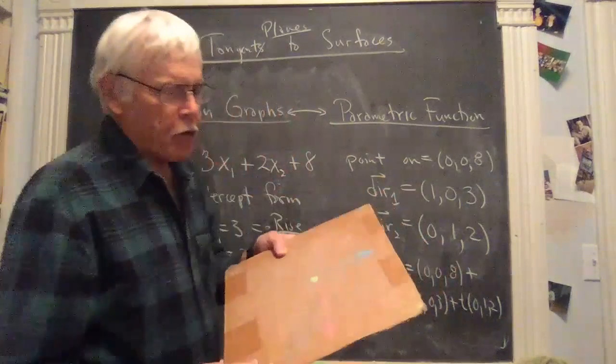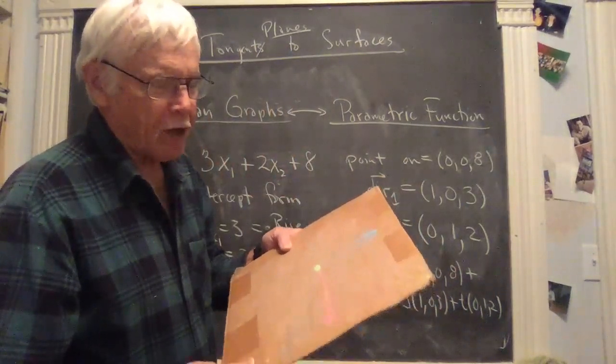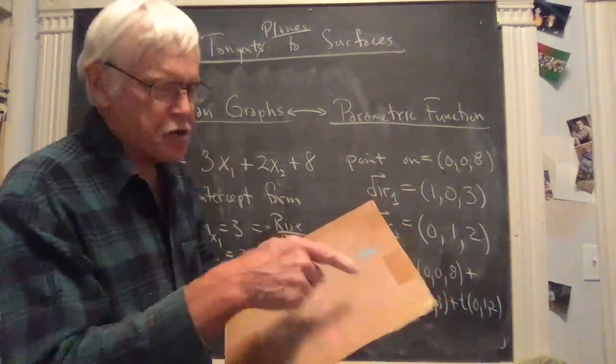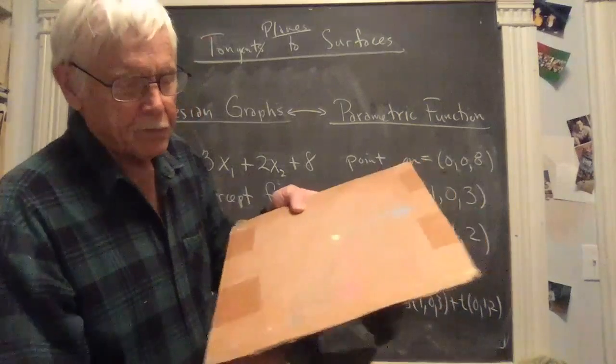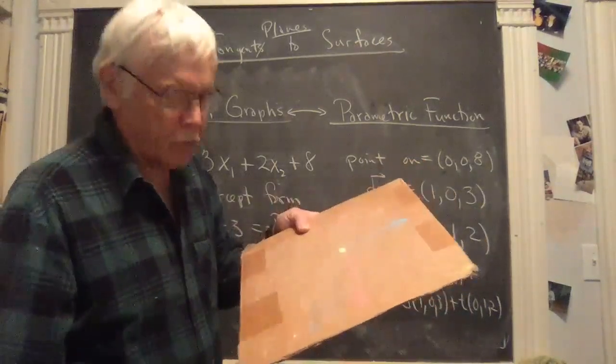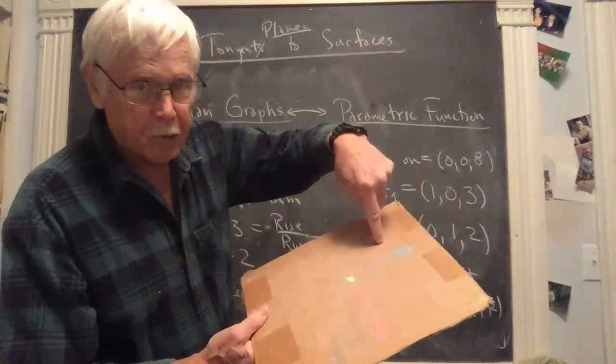Where are the other directions, which are directions of lines that are tangent to this surface? Where are those other directions? They are linear combinations of these red and blue vectors.